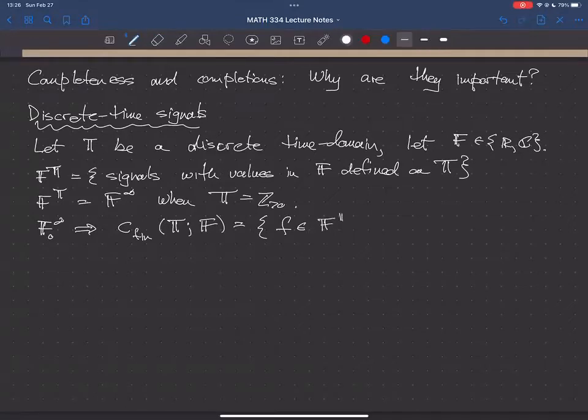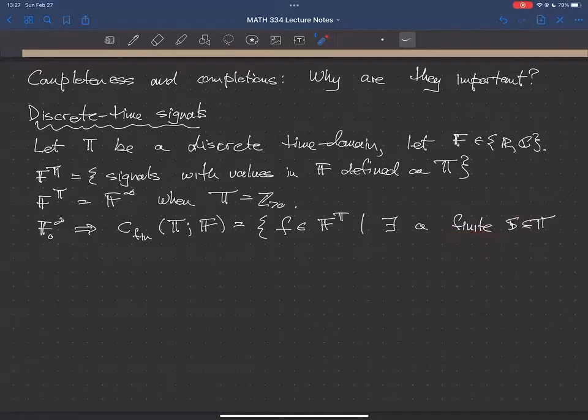It's the set of discrete time signals on the discrete time domain T with the property that there exists a finite S in T, and S is a time domain which sits inside T. It's discrete and finite.